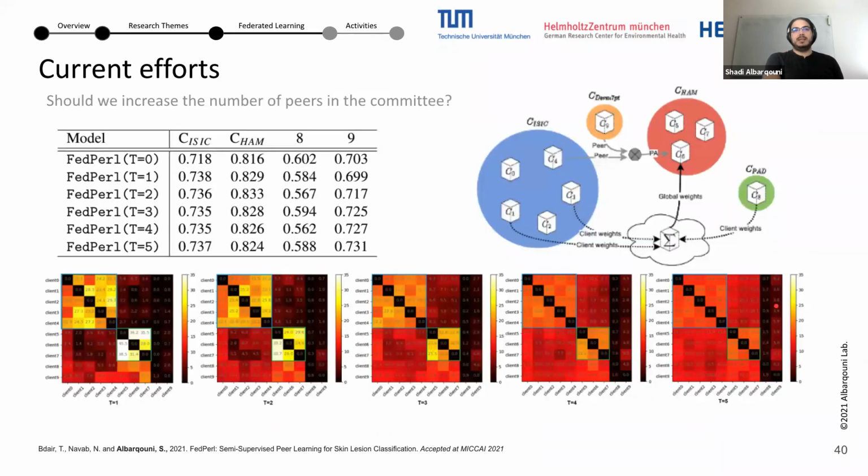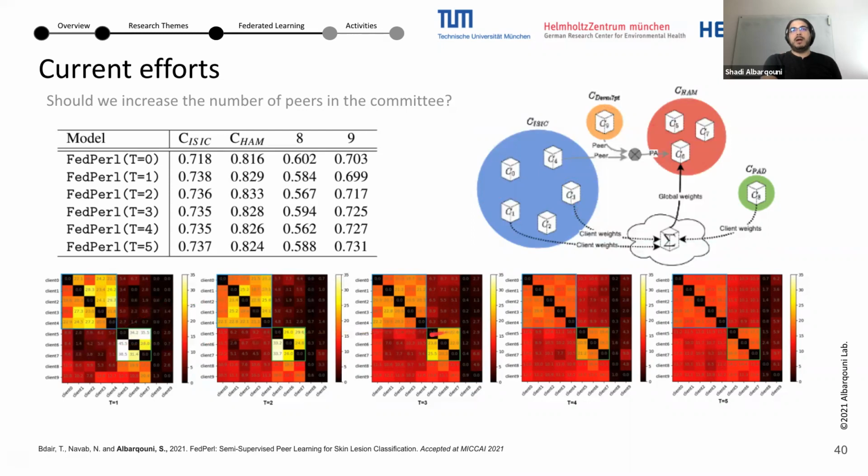What we also investigated next is the influence of the number of peers in building or shaping this community. What you see here on the right-hand side is the exact number of clients per database. For example, we picked 3 clients coming from the HAM10000 database, 5 clients from the ISIC database, and so on.